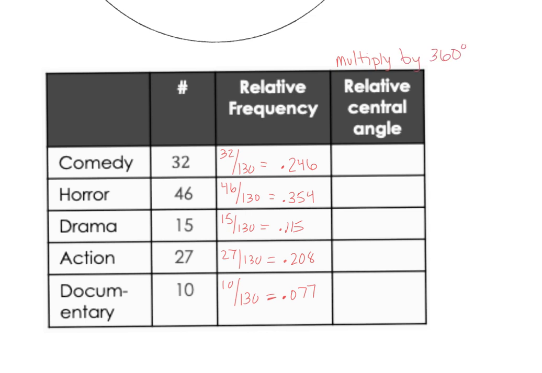To start, 360 times 0.246 gives you 88.56 degrees. We'll go down this line, relative central angle, and multiply each by 360.